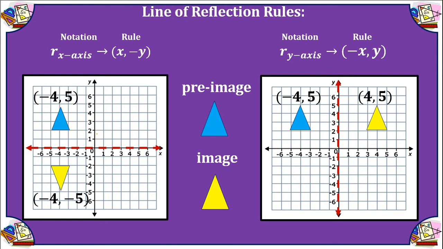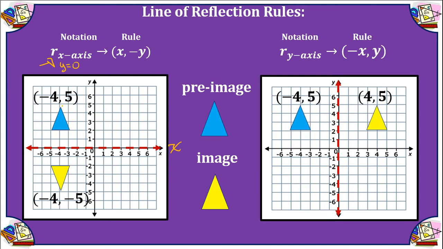So here are the rules for the line of reflection, and they're pretty simple, pretty straightforward. In this example, we have the blue triangle, and it is flipped across the x-axis, and this is how we notate a reflection: lowercase r, and then it says x-axis, or it could say y equals 0.